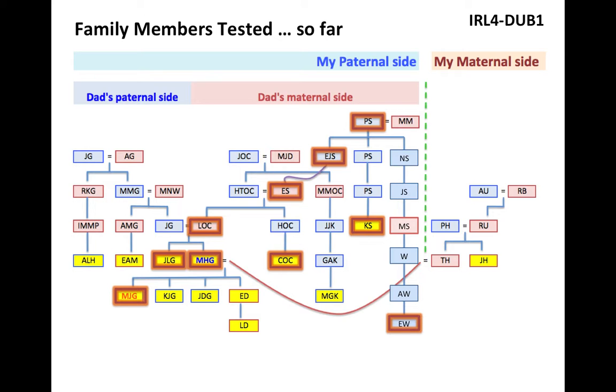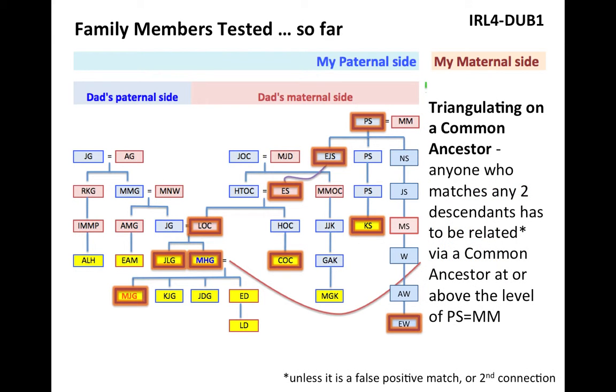So the question is, can the fact that I have tested these people give some information about who else I might be related to genetically in the database? And that's where we triangulate on a common ancestor. And the common ancestor in this situation is actually a common ancestral couple, Patrick Spierin and Mary Morgan. And the theory is that anyone who matches any two descendants of Patrick Spierin and Mary Morgan has to be related, with a caveat, via a common ancestor at or above the level of Patrick Spierin and Mary Morgan.